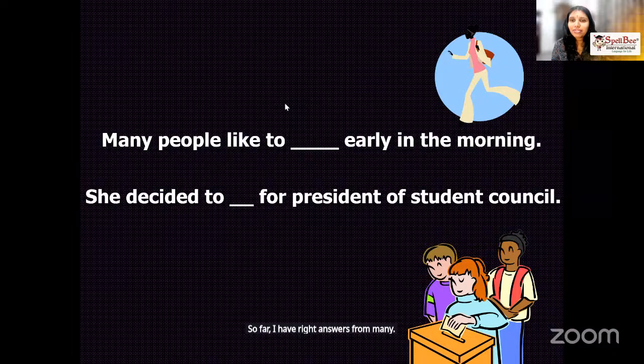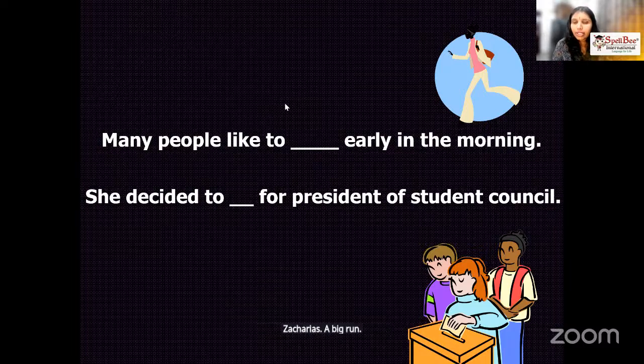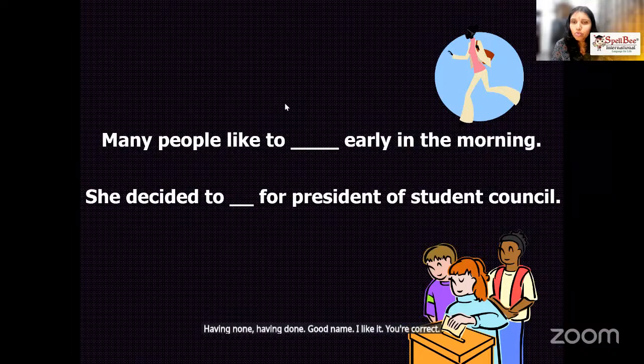Surya Kiran was the first one. Nidhi, Surya Kiran, Elsa, Advait, Sirius, Zacharias, Abidjan. Good name, I like it. You're correct. Shwara, you're correct. Sirius, correct.